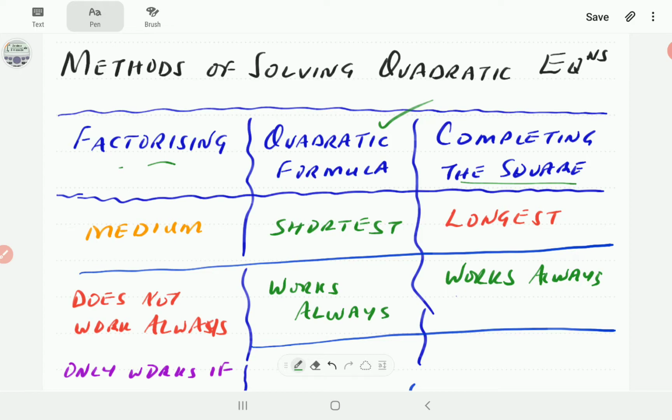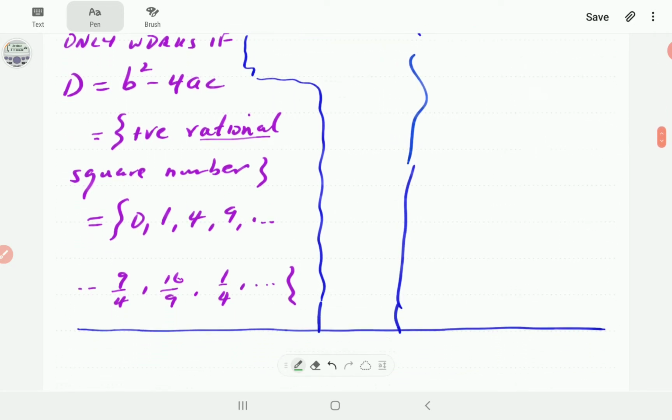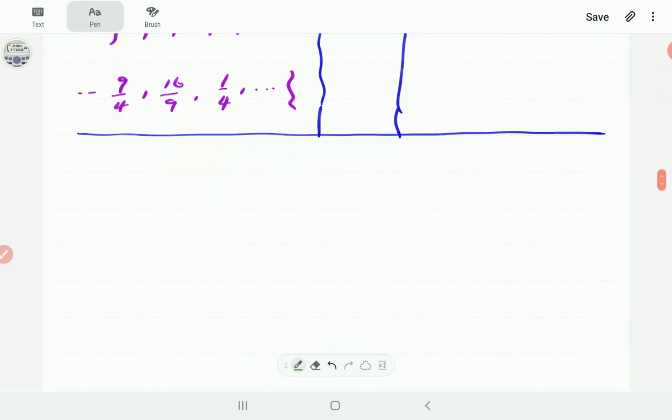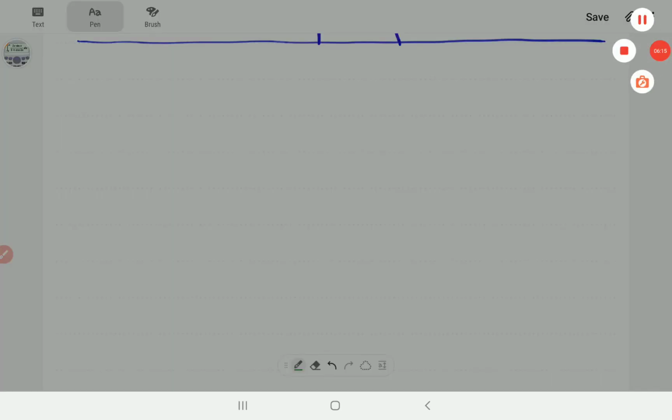All right, so now we're going to do some examples where we solve each question using each of these three methods and compare how things work out.